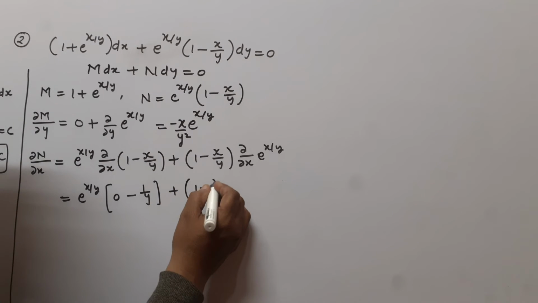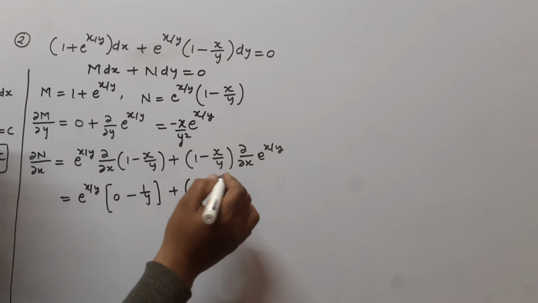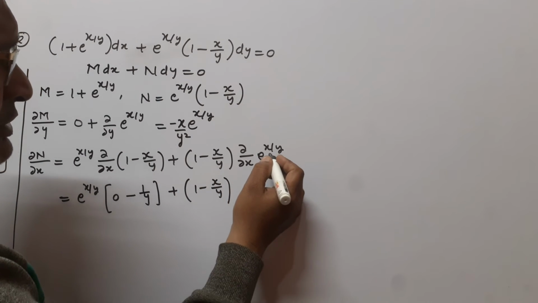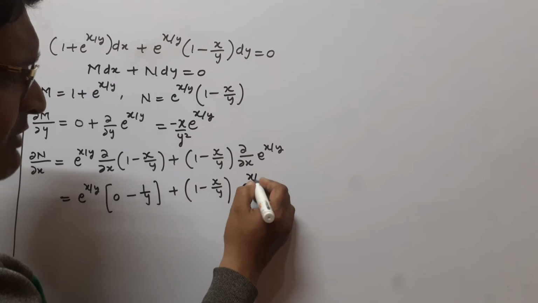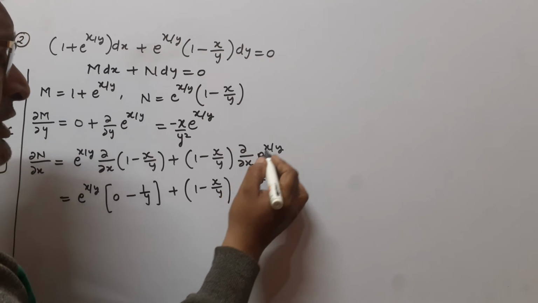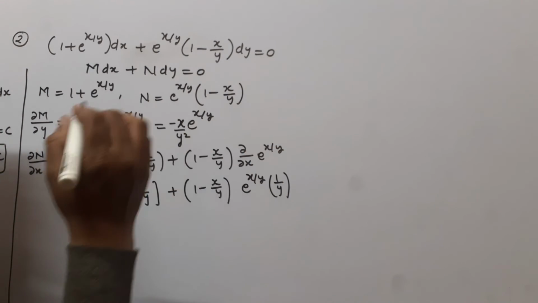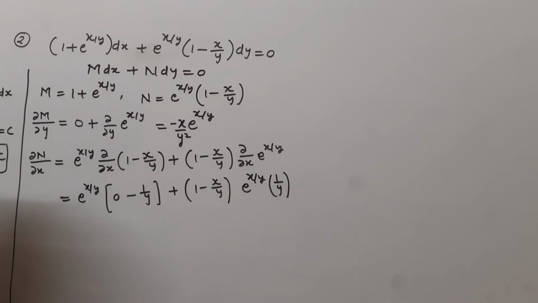Similarly in the second term, 1 minus x by y, when we differentiate e to the power x by y with respect to x, this is e to the power x by y. Now we differentiate x by y with respect to x, we get 1 upon y as a constant, and the differentiation of x is 1.